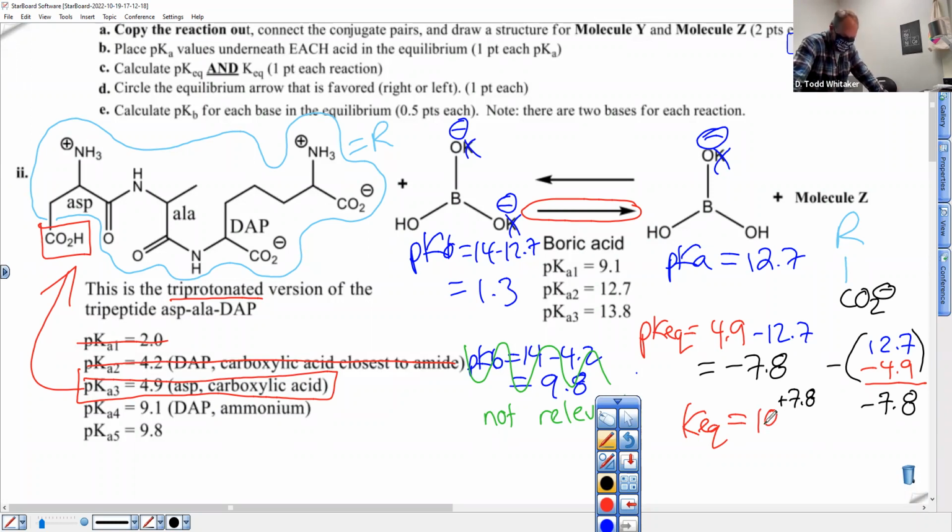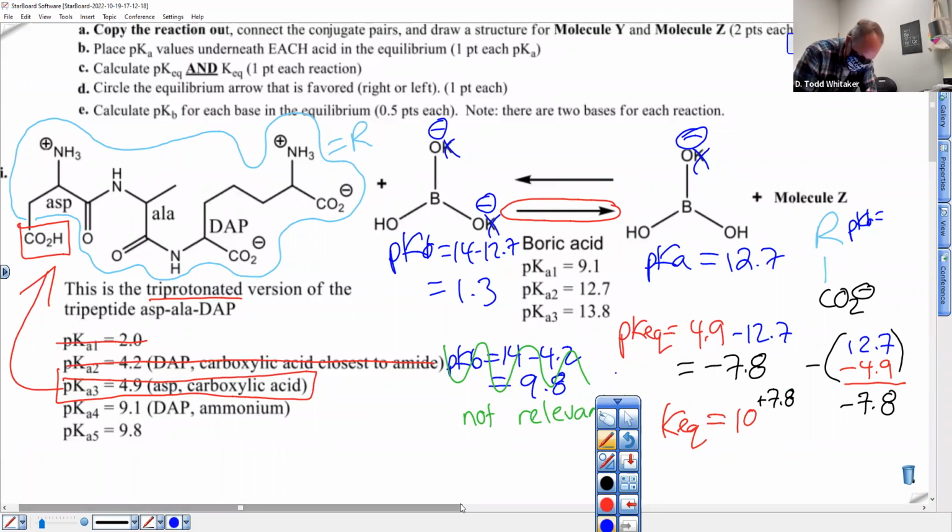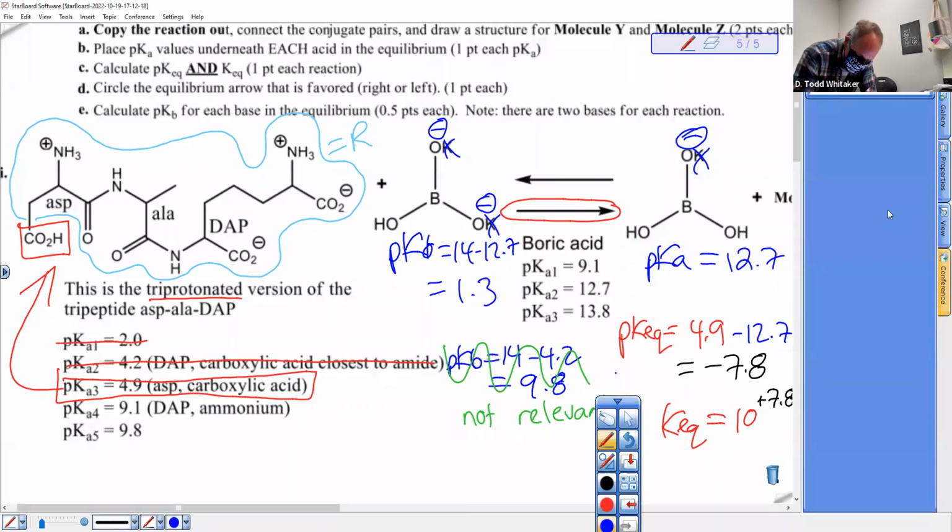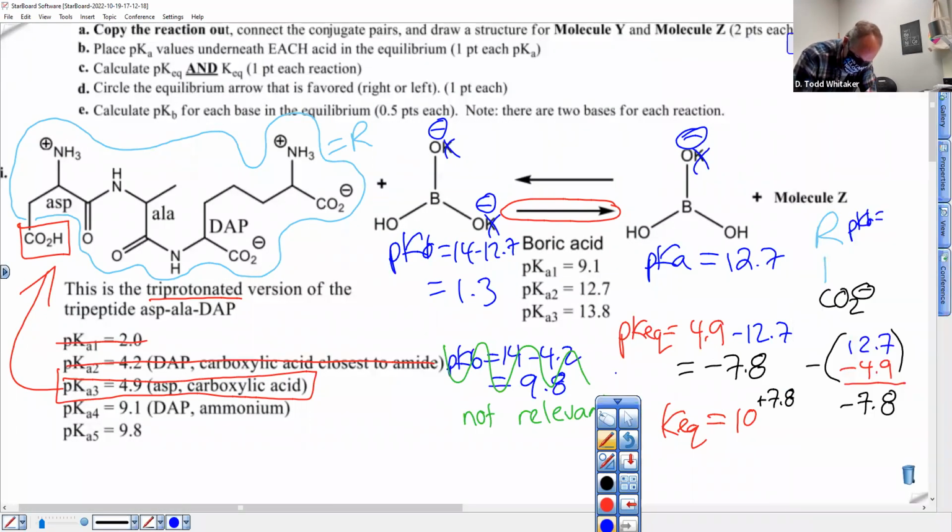And we did the 2 pKb's. Didn't do the pKb. What's the pKb here? pKb is 14 minus the pKa of its conjugate acid partner. Which of the numbers did you use? The conjugate acid of this molecule. What number did you use for pKa? 4.9. It's not related to the 12.7 molecule at all.